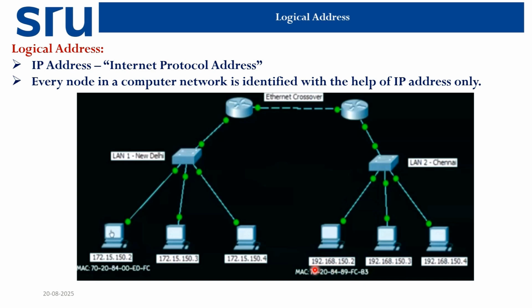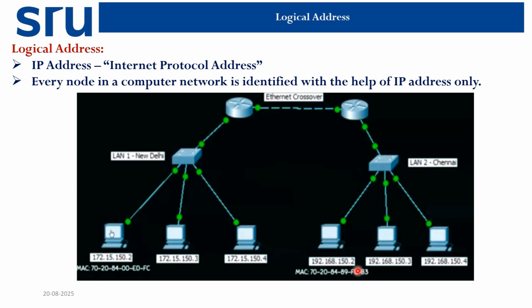In a class C address, the first 3 octets denote the network address and the last one is the host address. The host address may range from 0 to 255. In that range, the first one is the network address and the last one is the broadcast address. In the remaining addresses, we can connect 254 hosts.